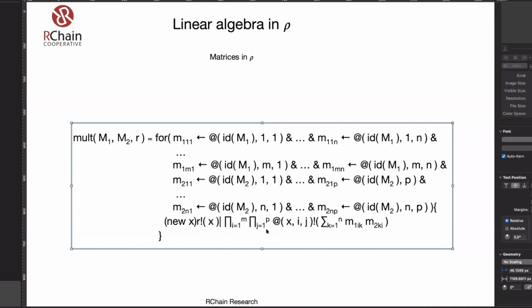So for ij, we do the sum over the inner k's, and we just make some salt to make sure that we've got an instance of the matrix. So again, notationally, it's within the ballpark.